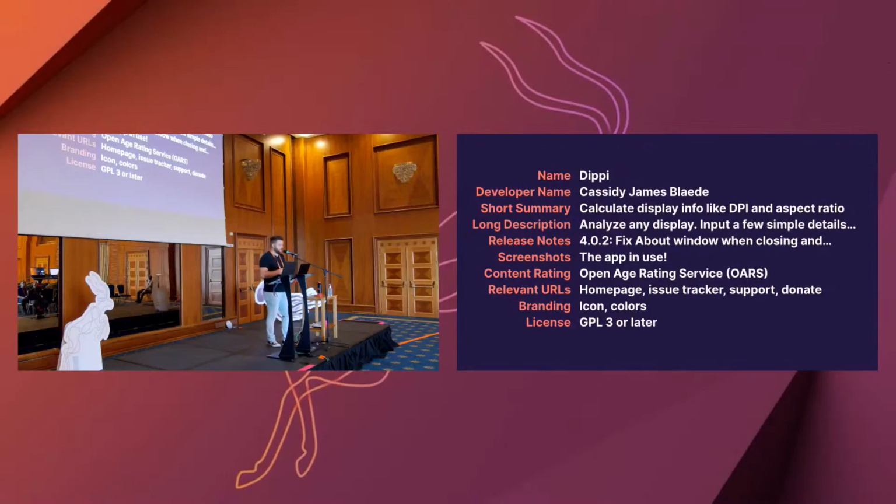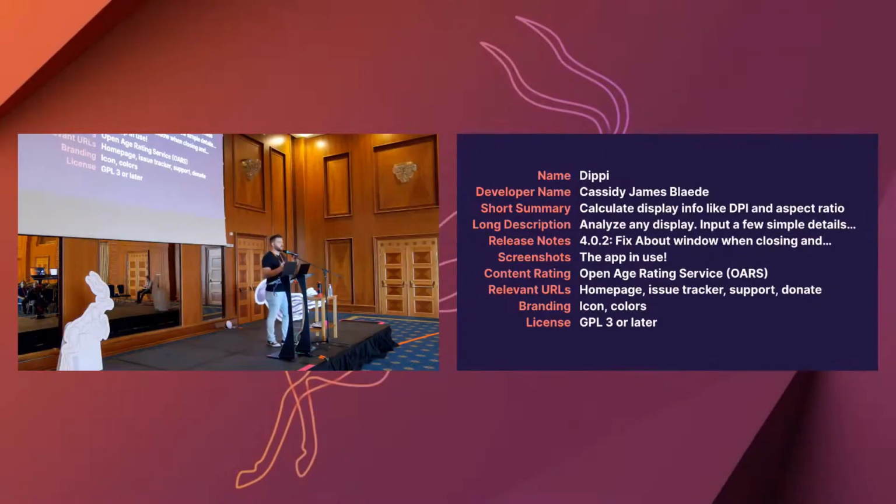And then there's content rating, which I'm sure there have been whole talks about. The Open Age Rating Service, ORS, is a really cool initiative where developers can self-describe the type of content in their apps, and then it is encoded as, there's a specification, different categories with different ratings, and then app stores can take that information and do things like say, this app is appropriate for kids ages 10 and up, or this app is only appropriate for teens, or this app is appropriate for adults.